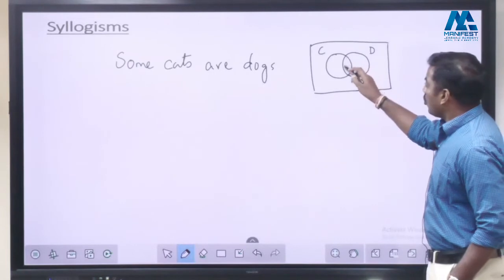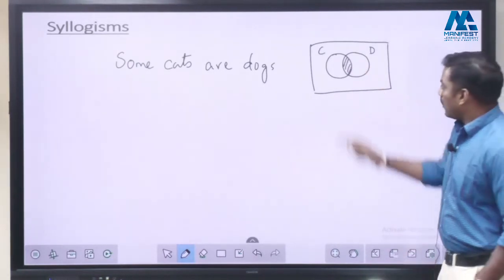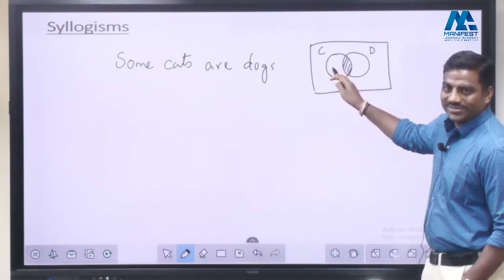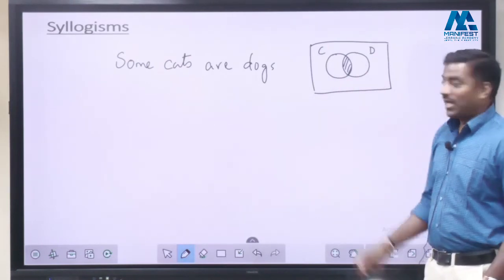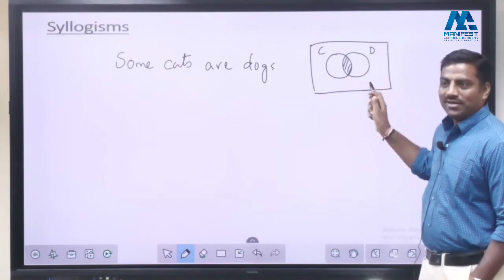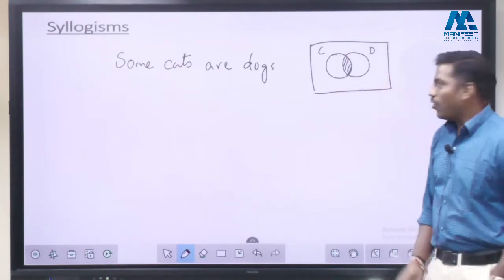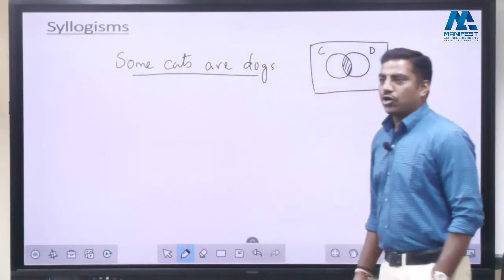So these are those cats which are dogs also. What about these? These are only cats. These can't become dogs. And these are only dogs. They can't become cats. And the outside world, neither cats nor dogs. Understood? Now, upon this statement, what conclusions can we draw?